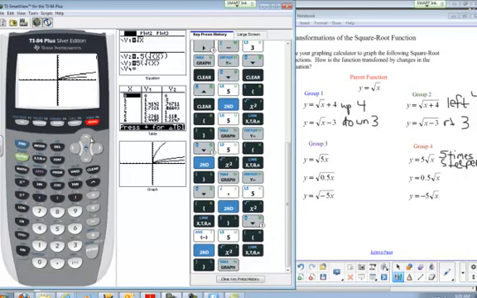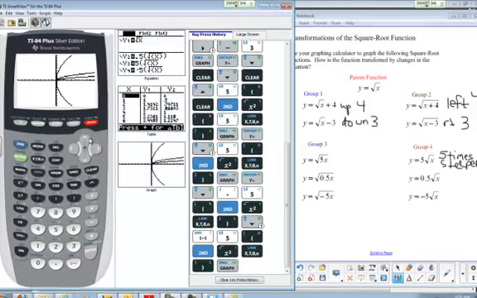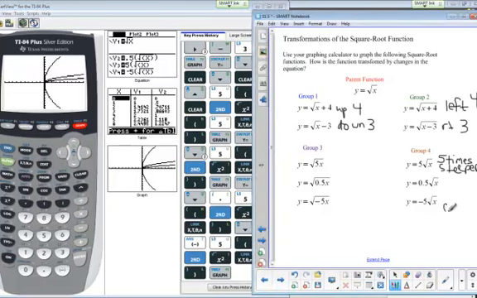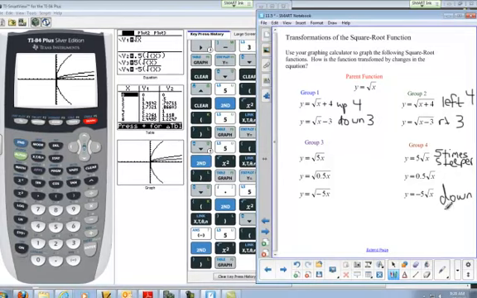So we've got our positive 5 times the square root of x, our negative 5, which flips it on the x-axis and makes it go down. And then the 0.5 is this little itty bitty one that cut it in half. So it's half as steep.